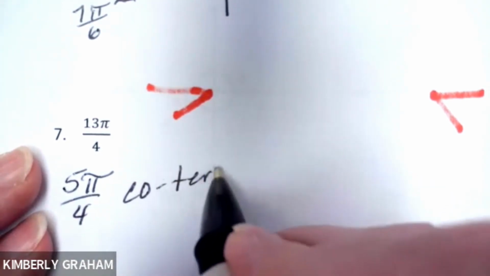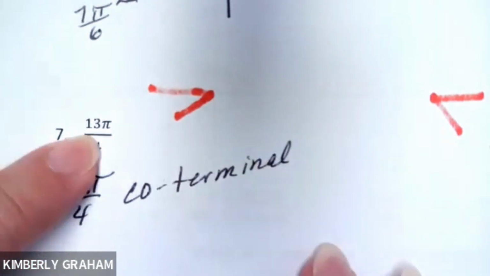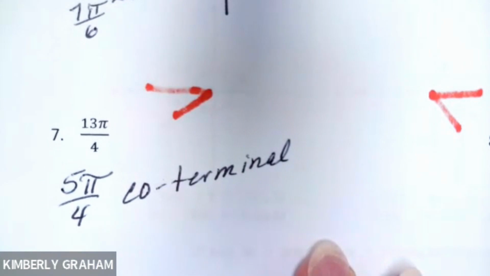So 13 minus 8 is 5. So that's the same thing as having 5/4. That's a coterminal angle, which means that this angle looks just like this angle when it's on a grid, as long as you don't have the direction or how many rotations you have.